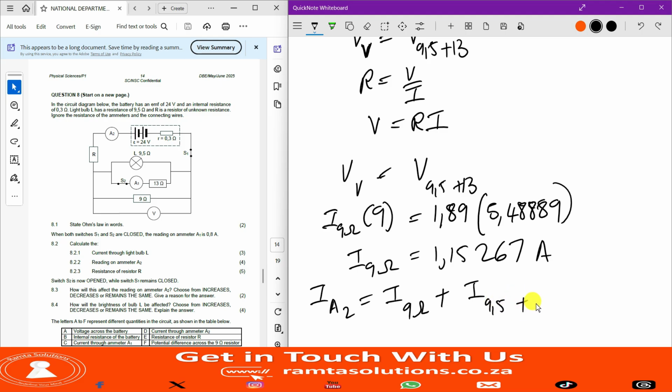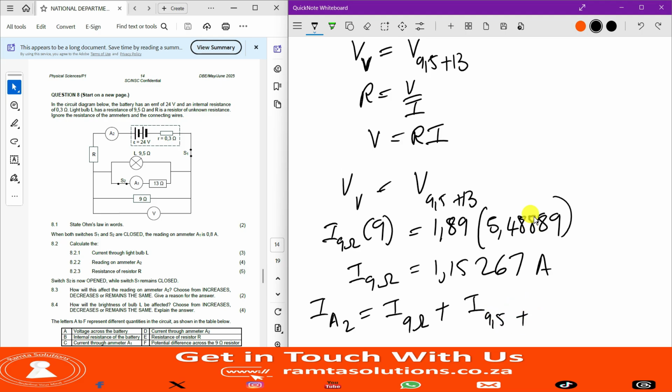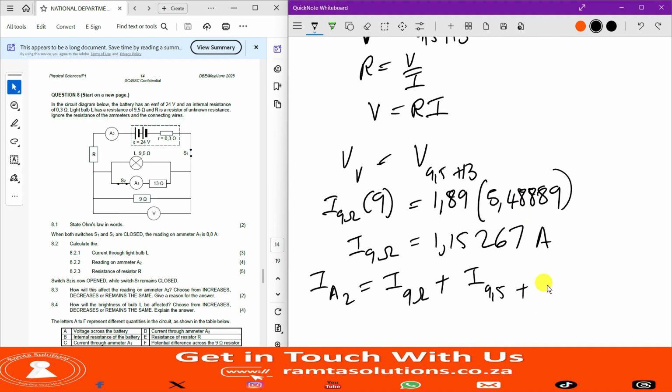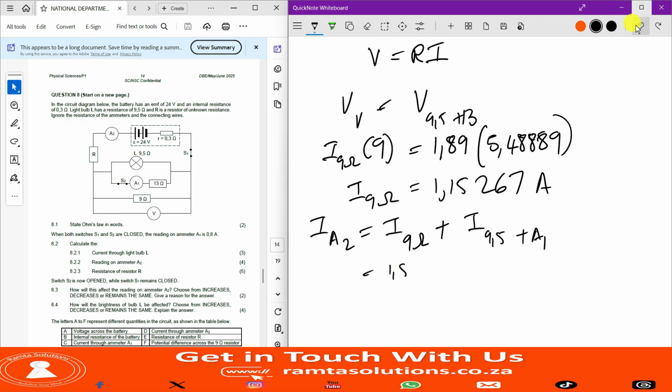Now, the current flowing at A2 will be the current flowing on the 9 ohms plus the current of the 9.5 plus ammeter A1. So what is this? It's 1.15267 plus 1.89. Let's see what we are getting.